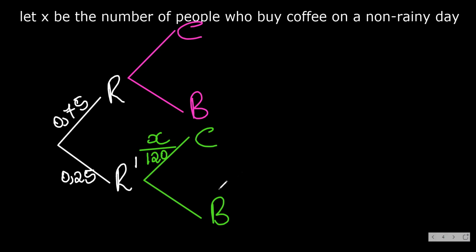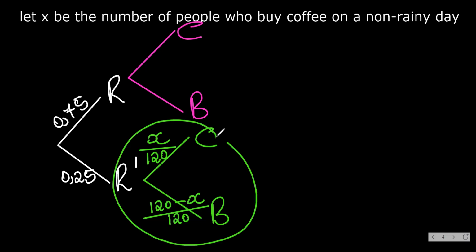So which means that the probability that a water bottle will be bought, given that it is a non-rainy day, will be 120 minus X divided by 120. You get why I'm saying 120 minus X? Because the probabilities on each branch must add up to 1.